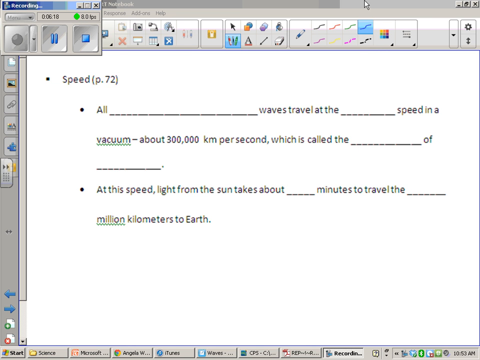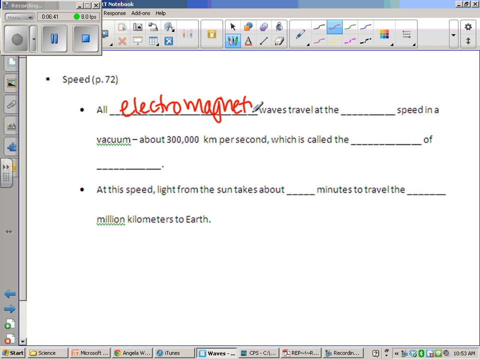Okay, the next part is speed. And one of your learning targets is to compare the different types of waves with their properties of speed, wavelength, amplitude, and frequency. So now here we are talking about the speed of electromagnetic waves. So all electromagnetic waves travel at the same speed in a vacuum.